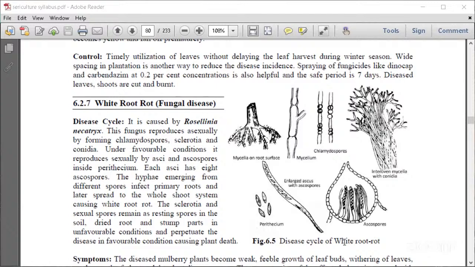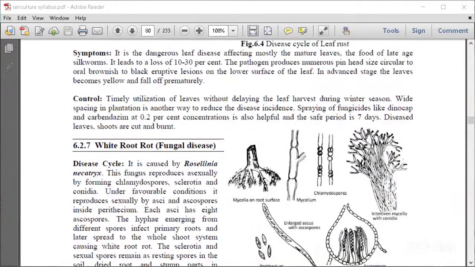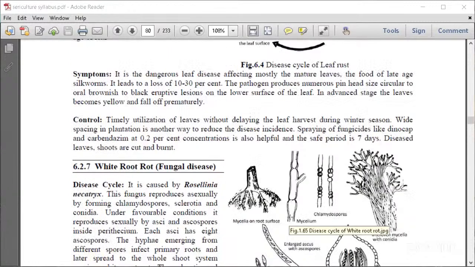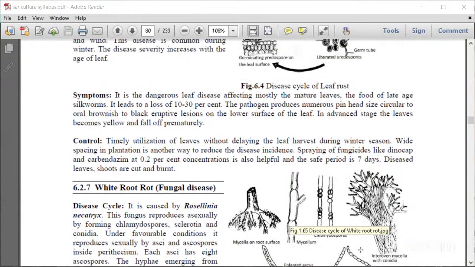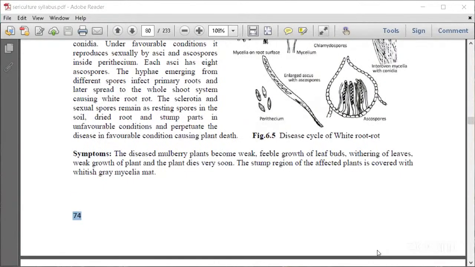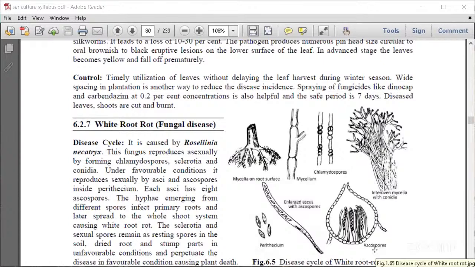The stump region of the affected plants is covered with a whitish gray mycelium mat. Here you can see the infected mycelia on the root surface and interwoven mycelia with conidia. That leads to the death of that particular plant.